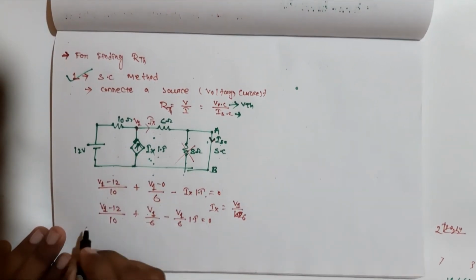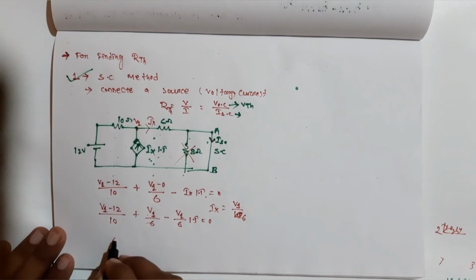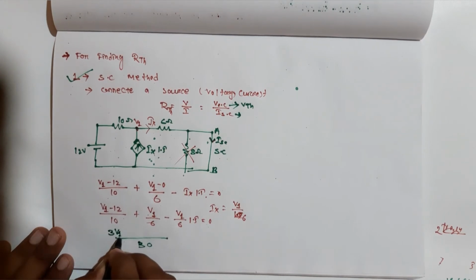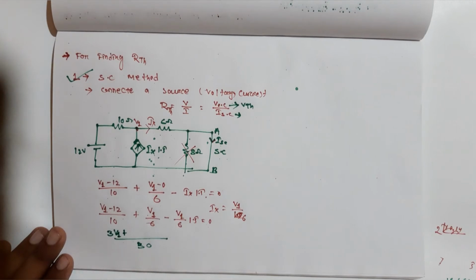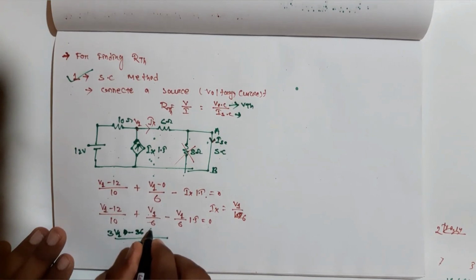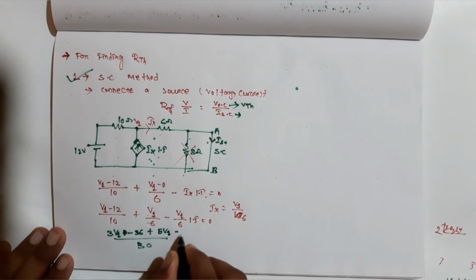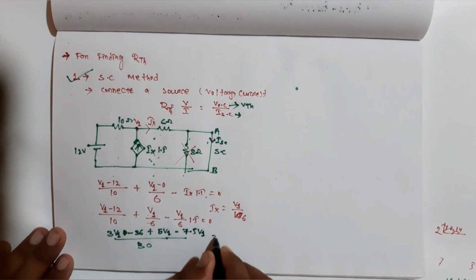Let's start. Take LCM, which is 30. So this is 3 V1, 3 V1 minus 36, plus 5 V1 minus 5 into 1.5, this is 7.5 V1, is equal to 0.